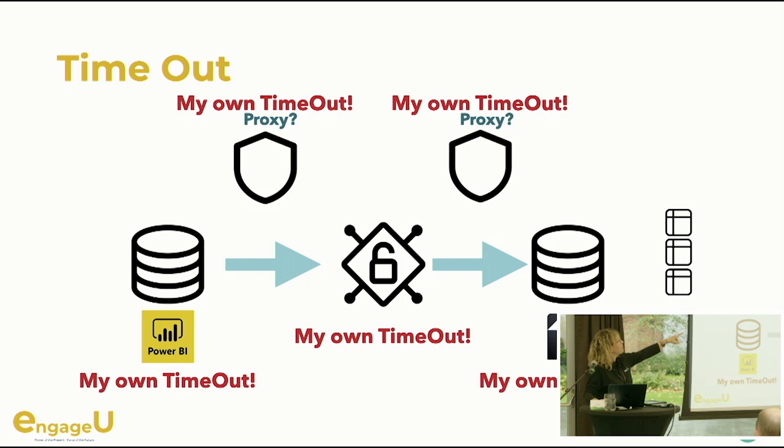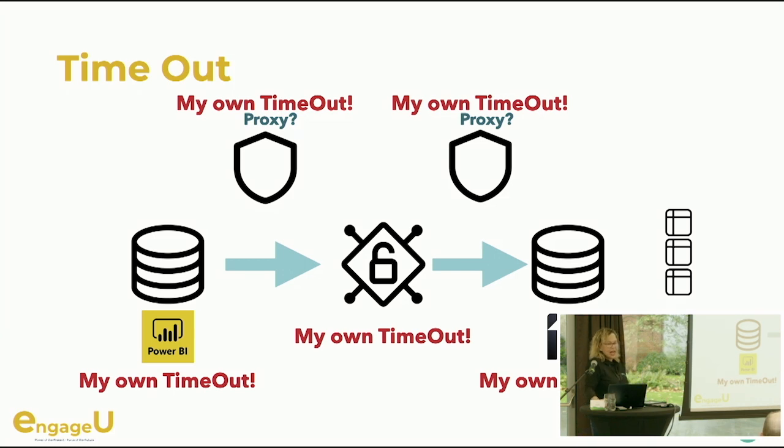So this can be quite tricky, and you always have to bear in mind that when something is not working, you have to be able to find out the timeout of which element is causing it, okay? Besides, there are session timeouts and query timeouts on top of that, okay?